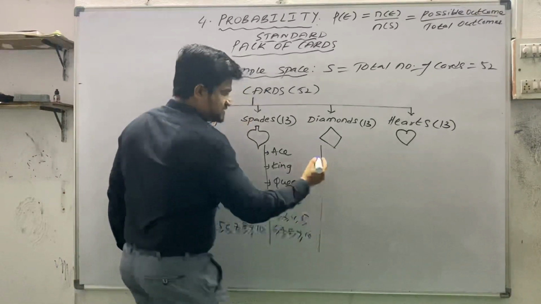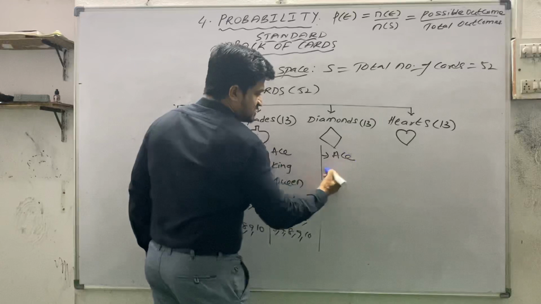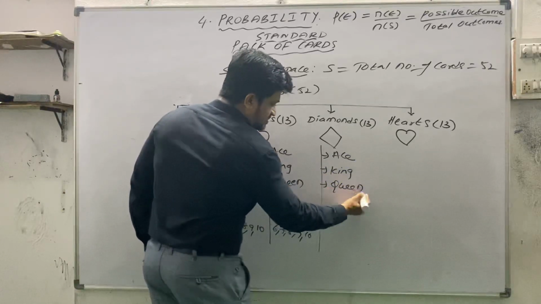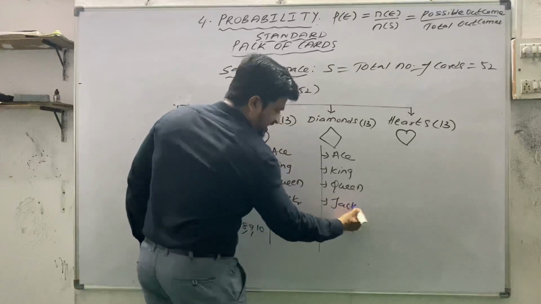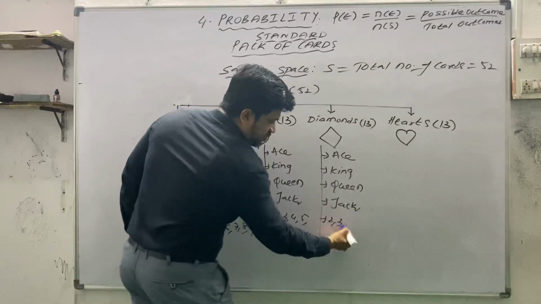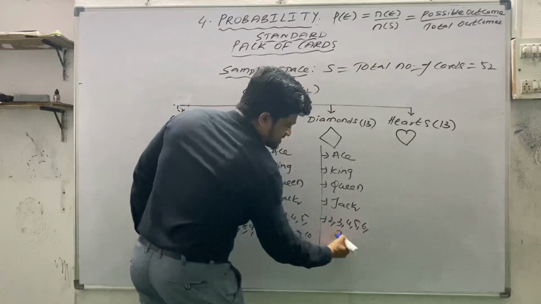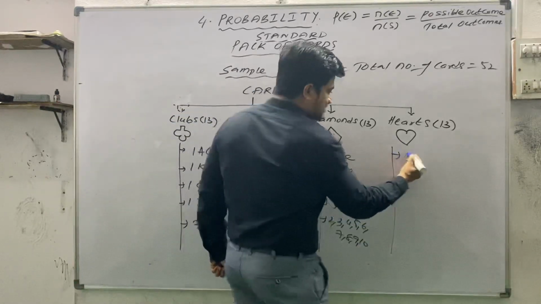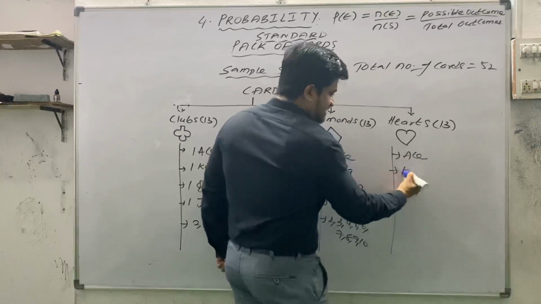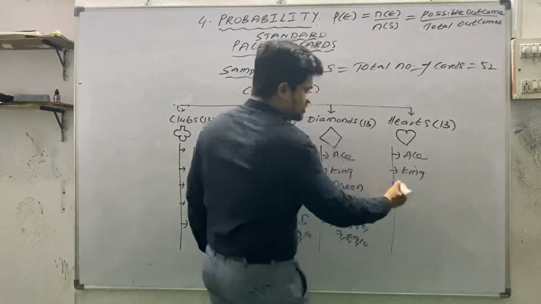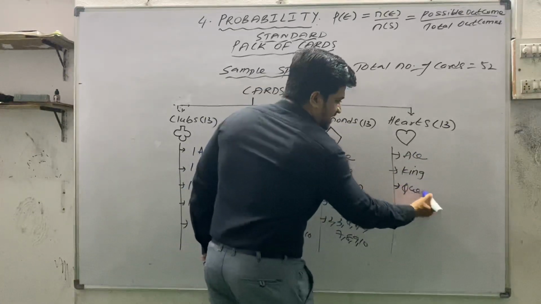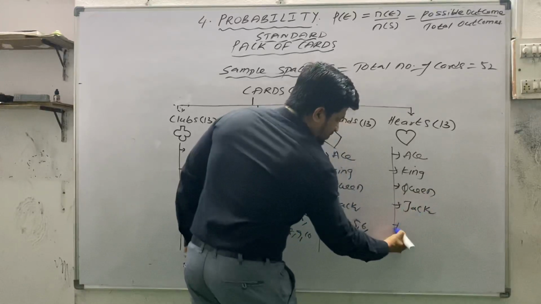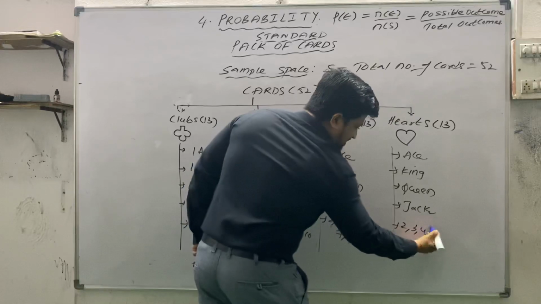For diamonds, you have to remember 1 ace, 1 king, 1 queen, 1 jack or knave, 2, 3, 4, 5, 6, 7, 8, 9, 10. Then in hearts also it is similar, but if I keep saying similarly, it is difficult to understand what I want to explain.